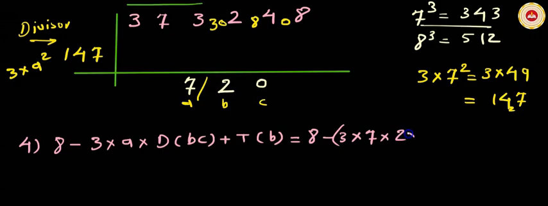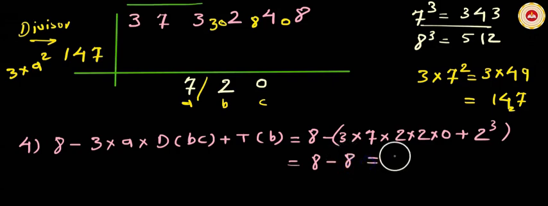That means 2 multiplied by 2 multiplied by 0, plus triplex of B, that means 2 cube. That is 8 minus 0 plus 2 cube is 8. Write 8 here, which gives you 0.